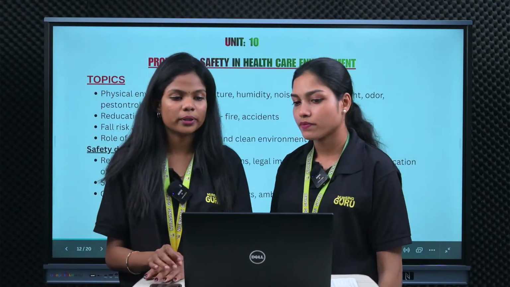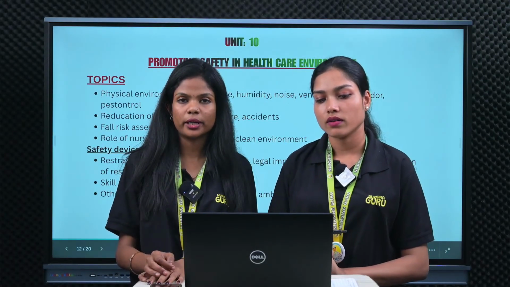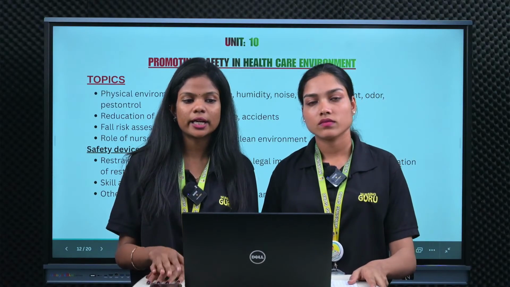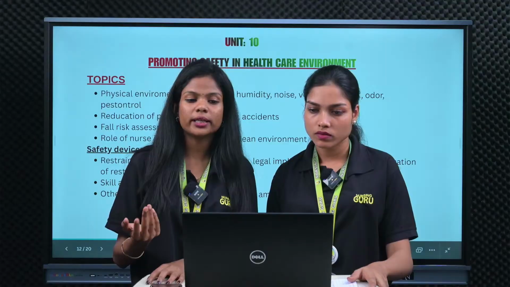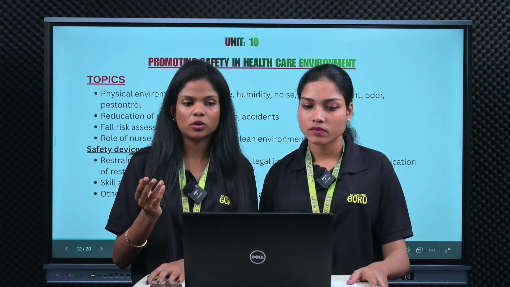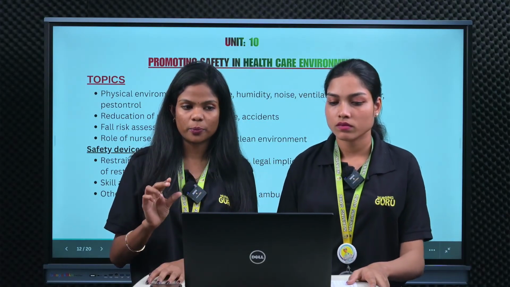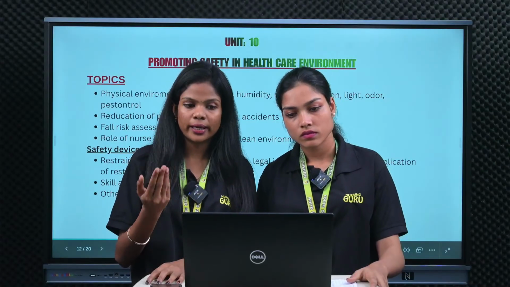Our next unit is unit 10, promoting safety in healthcare environment. In that the first topic is physical environment. In physical environment we are studying temperature, humidity, noise, ventilation, light, odor and pest control. The second topic is reduction of physical hazards, fire and accidents.